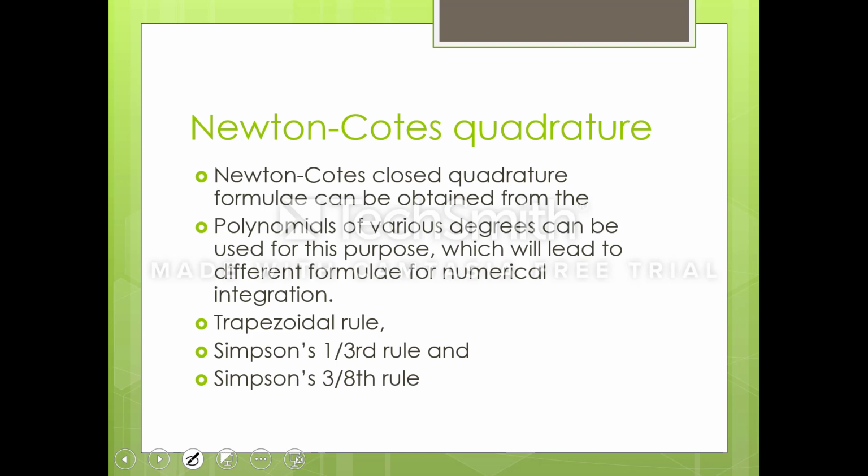As you take up a higher order polynomial, the result obtained will be nearer to the exact solution. So the trapezoidal rule, Simpson's rule, and Simpson's 3/8 rule are familiar to you. They are based on the basic Newton-Cotes quadrature formula, which comes from Newton's forward difference approximation.